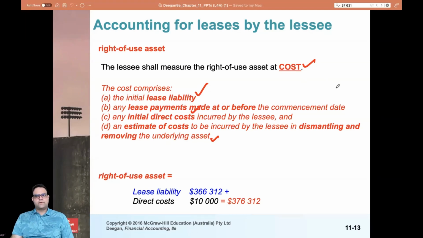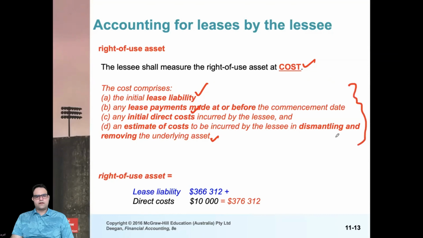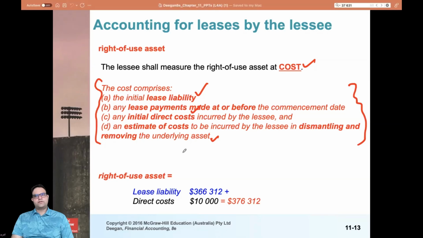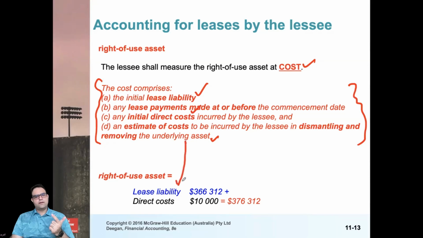So what's the difference between the liability and the right of use asset cost? Liability is the amount on which the installment and that purchase option can happen, whereas the lessee will record the asset at the liability plus some direct cost.